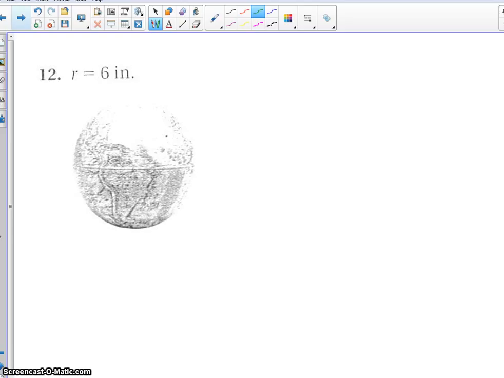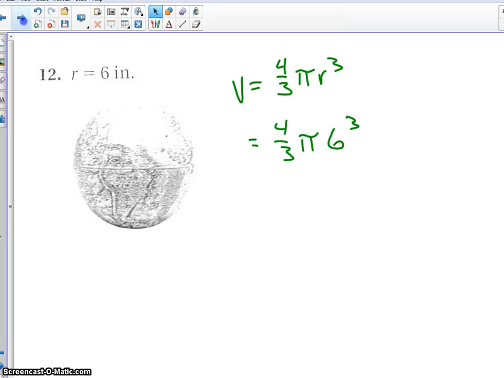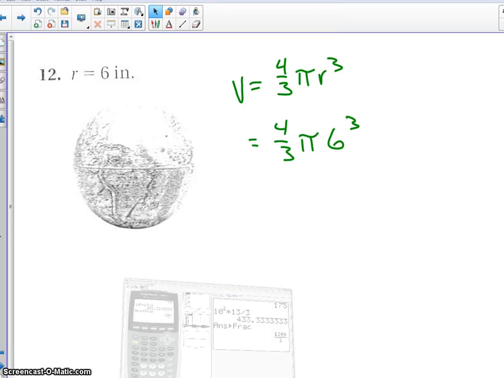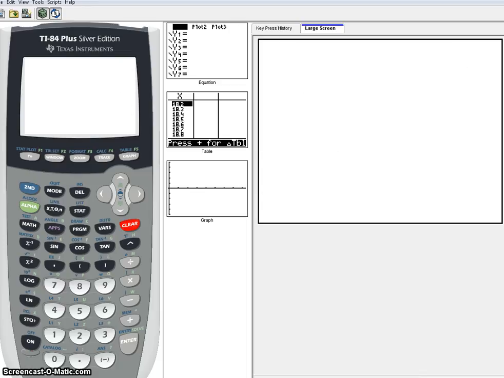So we're supposed to find now the volume. Remember the equation: volume equals 4/3 pi r cubed. So we have 4/3 times pi, and in this case the radius it tells us is 6 inches. So 6 cubed. Take our calculators now. We have 4 divided by 3. I would use parentheses with the 4/3 to make sure it's a fraction.